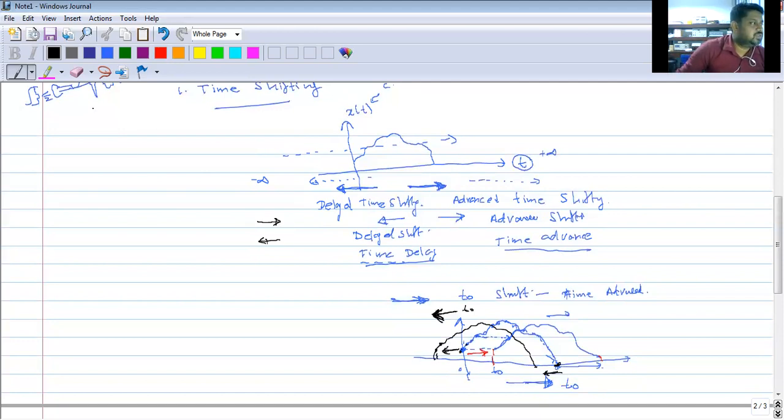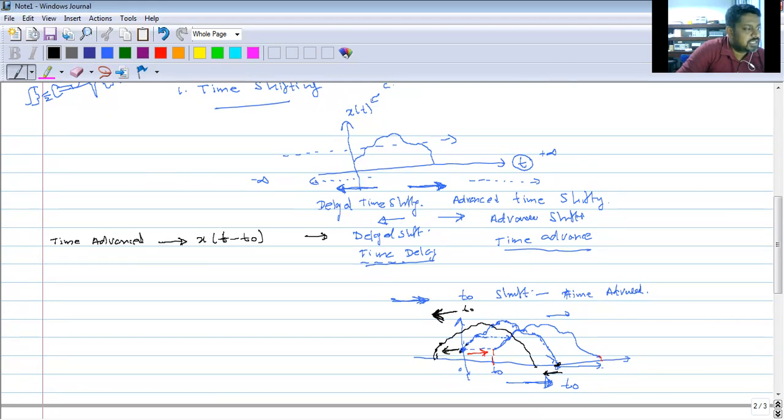If I represent this mathematically, the signal is a time domain signal, so the independent variable is t, and for the time advance signal, we can represent it like this, x of t plus t naught.